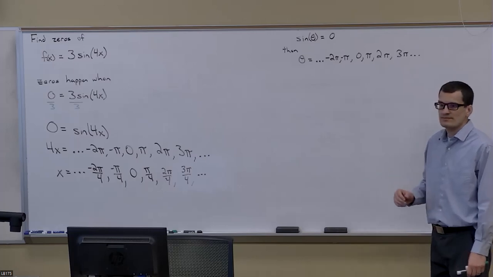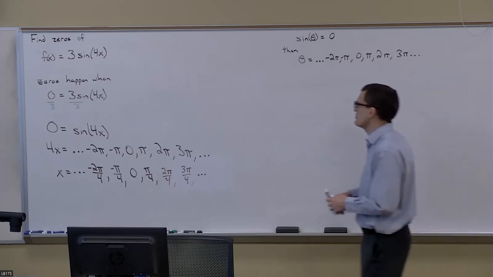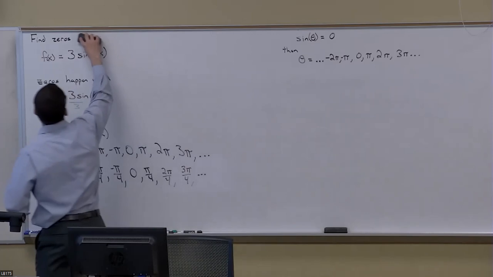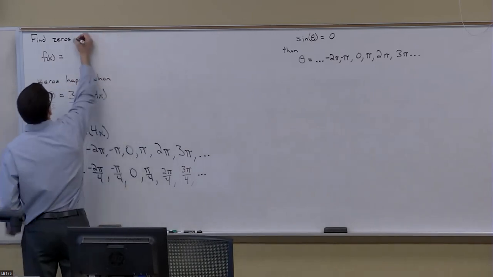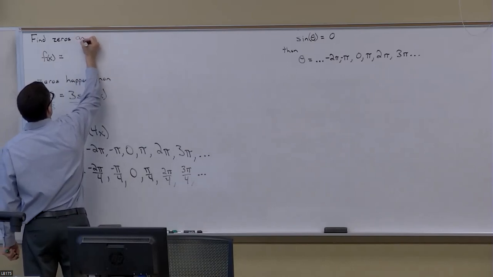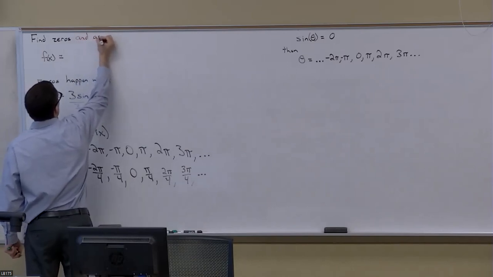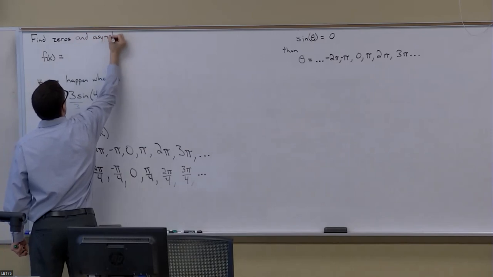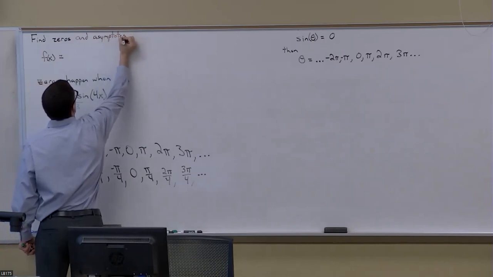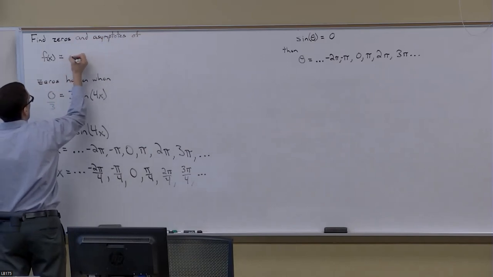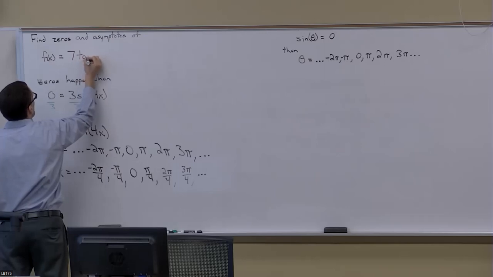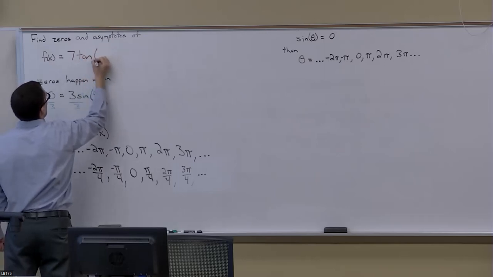That work? All right. I want you to try this on your own. Let's do zeros and asymptotes of f of x equals 7 times tangent of 2x.